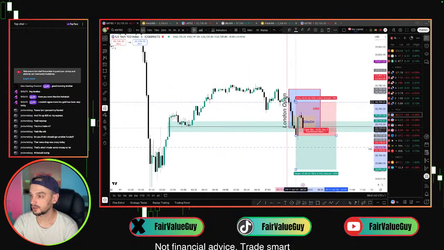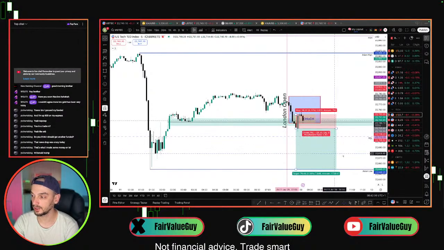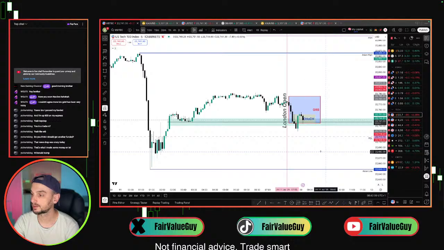So if you enter here and your stop loss is here, you can't even make 2R. And you don't want to be in the middle. We were with high risk in our stop loss here, but 3R, I think it was worth it.